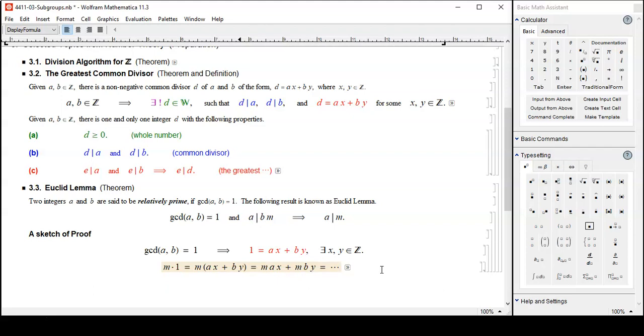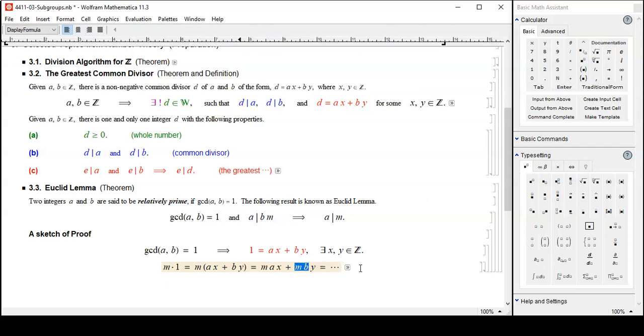Does it help? Well, from here, make an additional observation that a divides b times m. So b times m, that's going to be a special quantity that I have to work out. It's hard to read this.